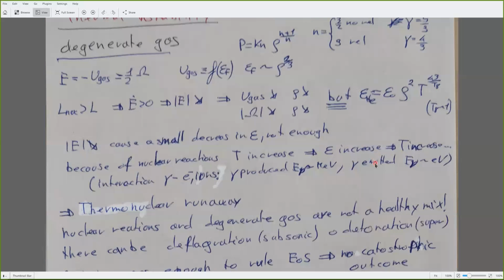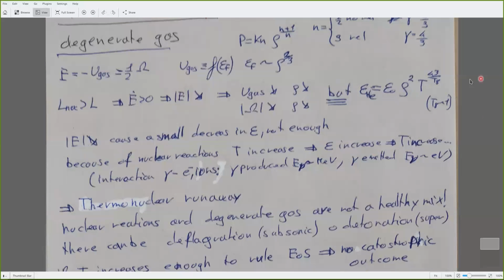In any case, usually we do not have degeneracy in a star that burns hydrogen, because even the small stars are not in the degenerate state. So this is about nuclear reactions with degenerate gas. We are always talking about helium burning or above. They have a strong, really strong dependence on the temperature.